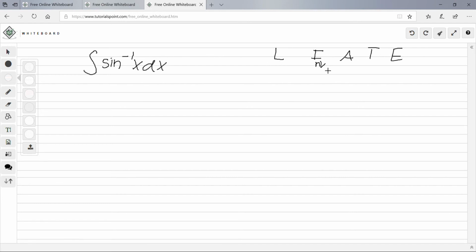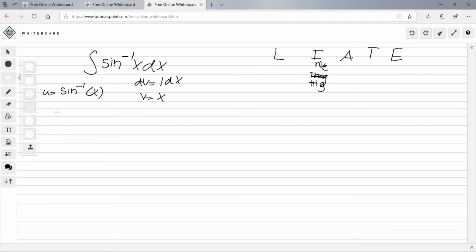This is the inverse trig, so that will be our u. Our u is going to be sine inverse of x, and then our dv is 1 dx. Take the integral of that, that's just x.